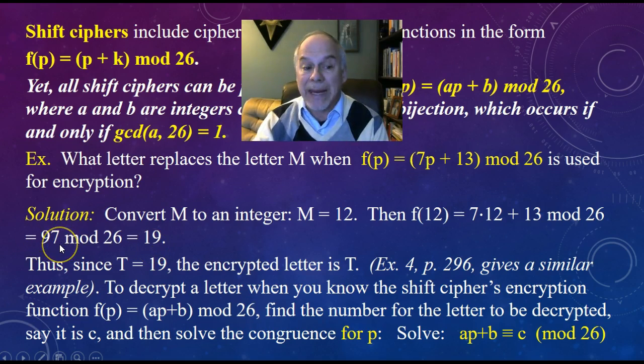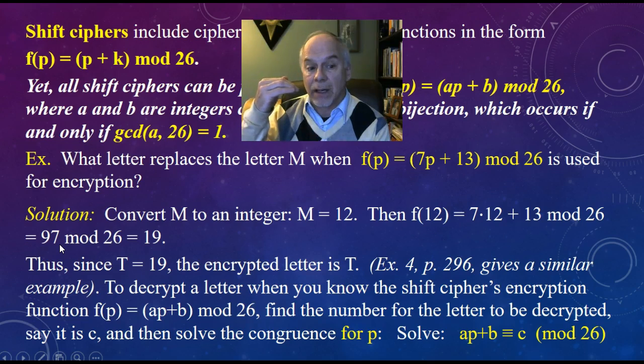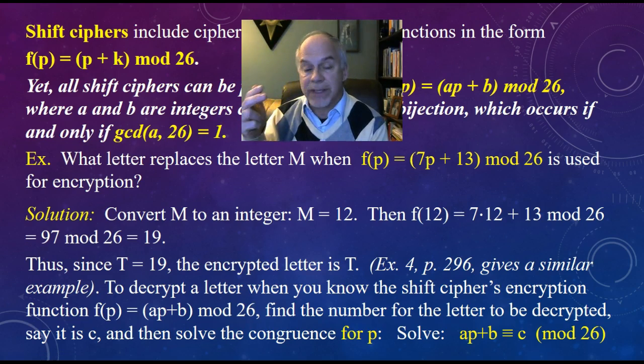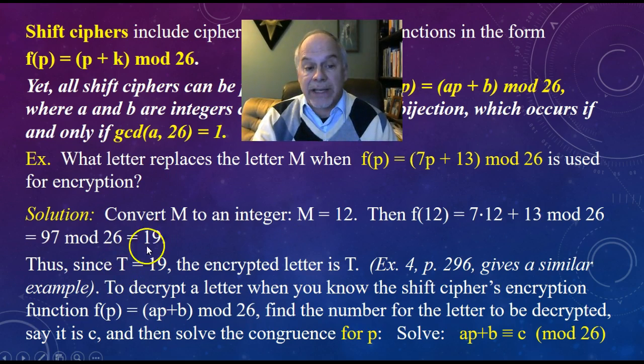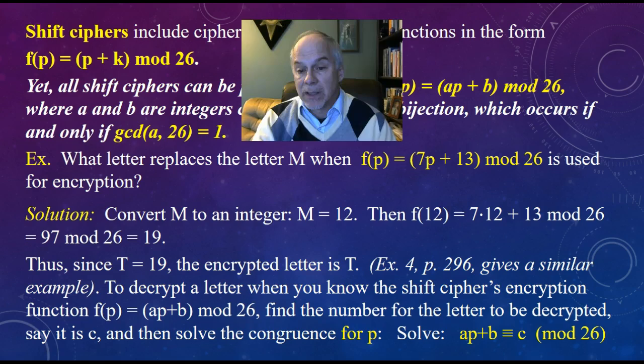In other words, the remainder when you divide 97 by 26 gives you 19. Okay? So 19 is the letter T. So the encrypted letter would be the letter T. All right? Now, example 4 on page 296 gives a similar example. They use a different letter than the one I did, but it's pretty much the same thing.